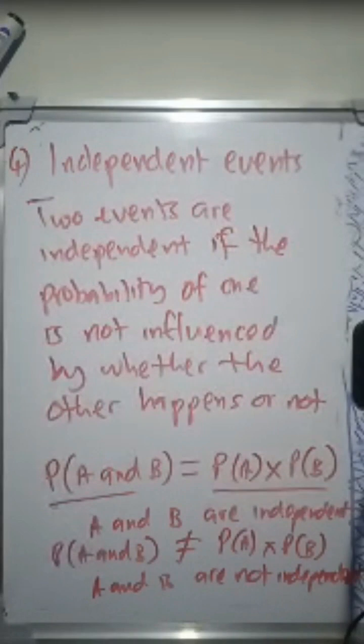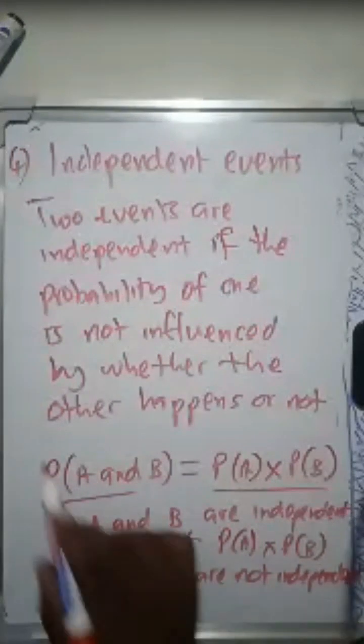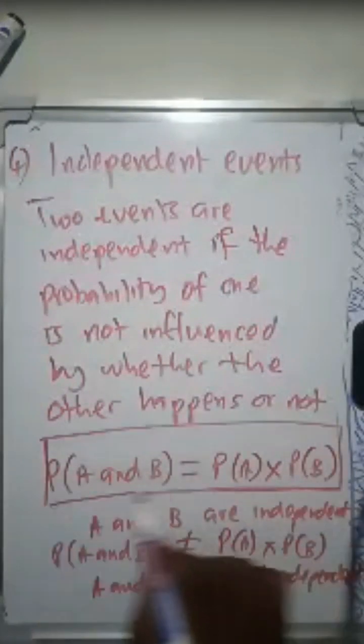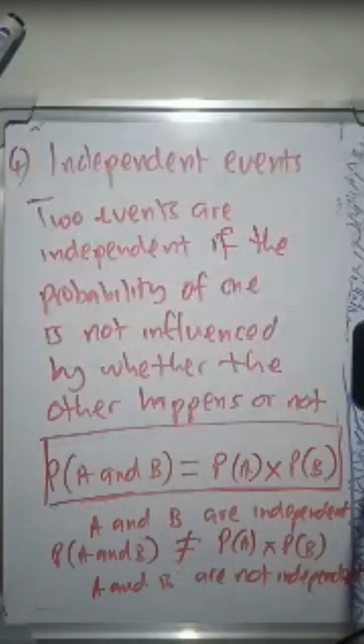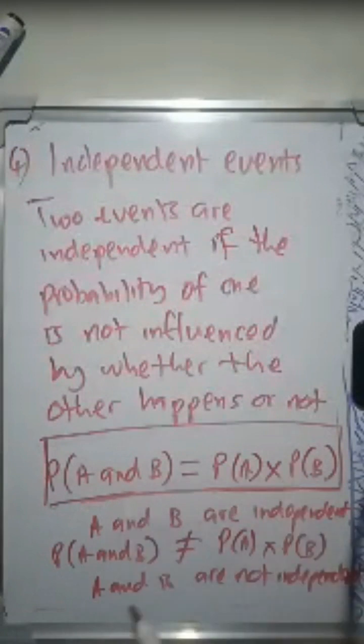Okay? So that is how we get independent events. This is very, very important. In the interpretation, A and B are independent if this one and this one are equal. If the intersection is not equal to the product of their probabilities, then A and B are not independent. Okay? That is very, very important.